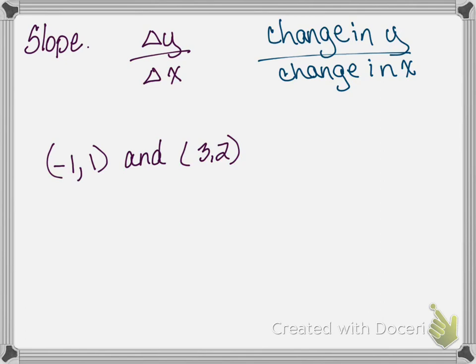Change in y over the change in x. Students tend to like this one the best. Okay? So what this means is I'm taking my y values and I'm subtracting. Then I'm taking my x values and subtracting.